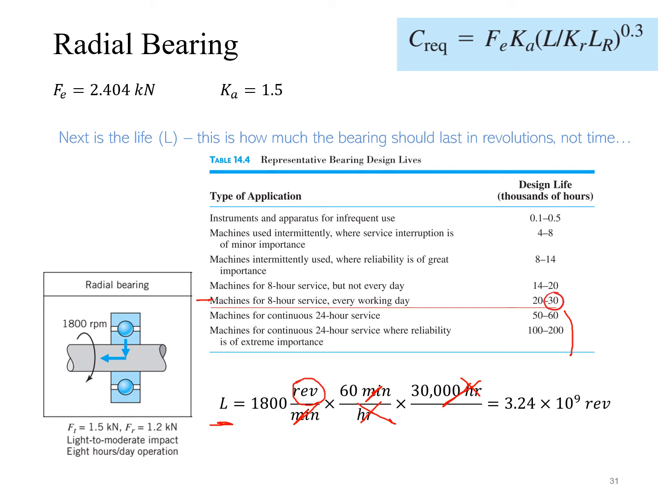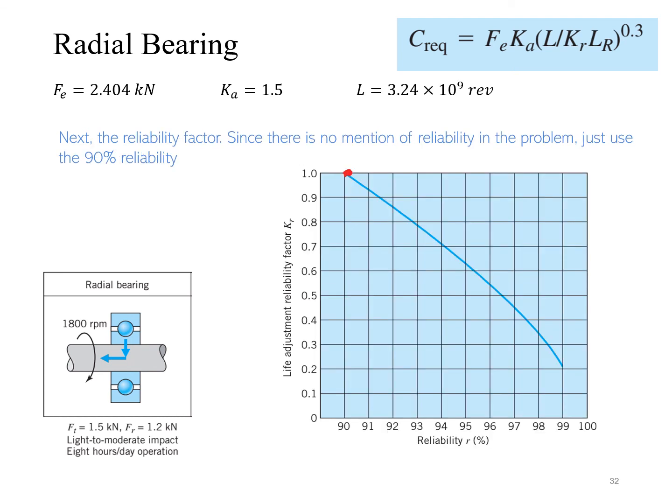So we plug all of this into the calculator, 1,800 times 60 times 30,000. This gives 3.24 times 10 to the 9 revolutions. So now we know the life that we want for that bearing in revolutions, 3.24 times 10 to the 9.